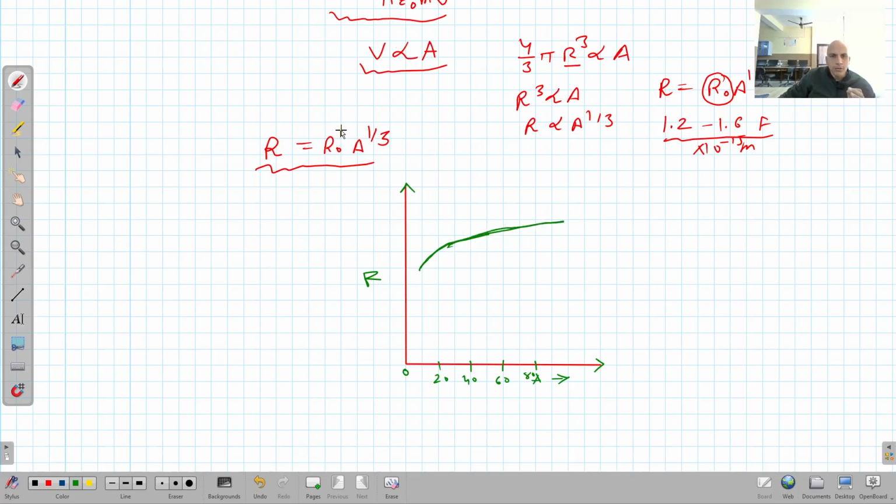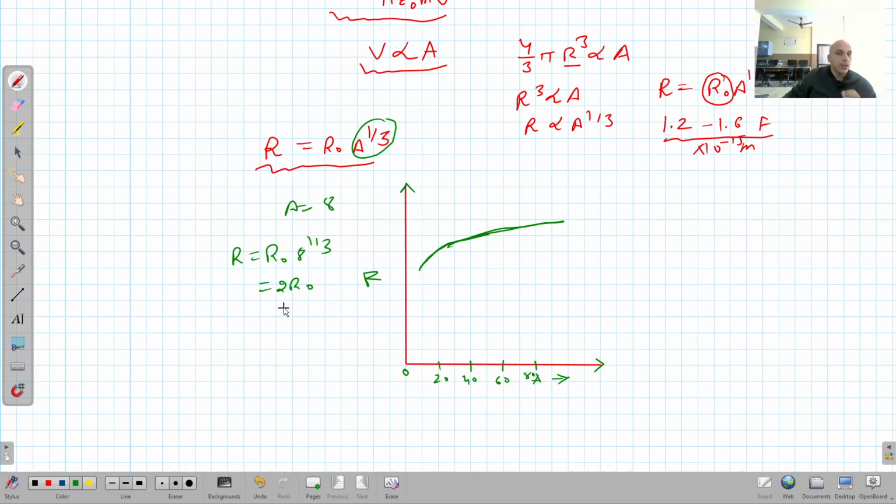Clear? So we can also see from this relation, if in A I put 8, then what will I get? R is equal to R naught into A, that is 8 power 1 by 3, so it is 2 R naught, right?